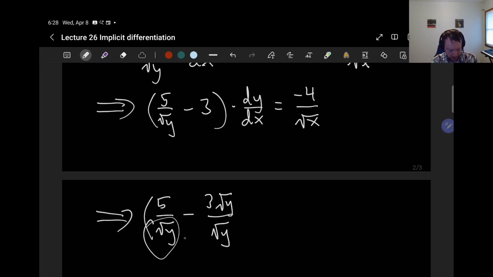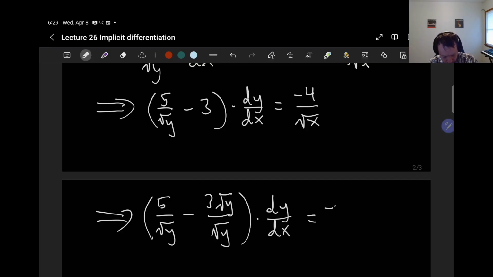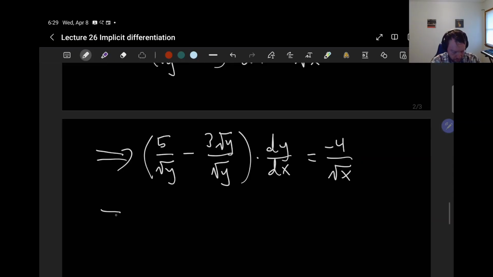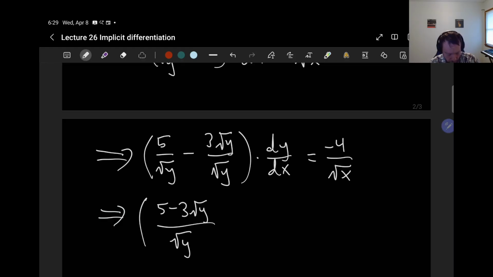And now that these have the same denominator, that allows me to bring this together as one thing. That does make it a little nicer in the end. So I'm going to bring those together: 5 minus 3 root y over root y times dy/dx.